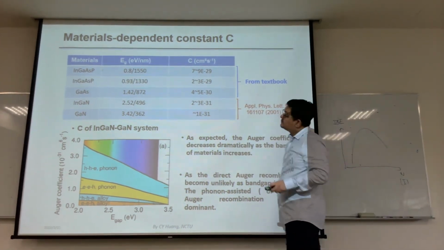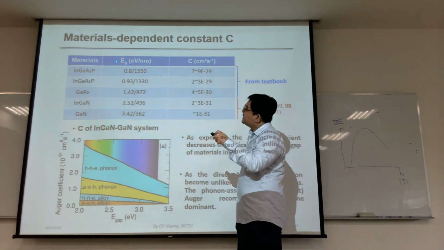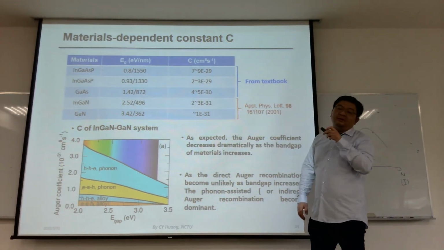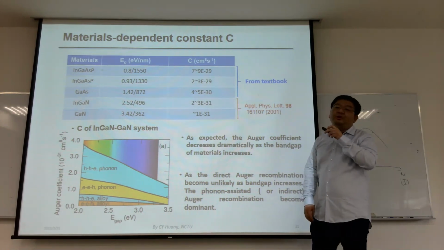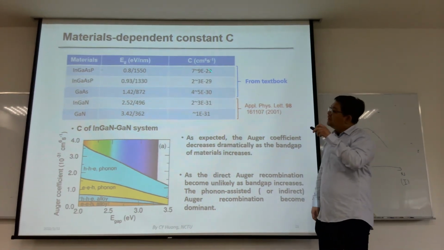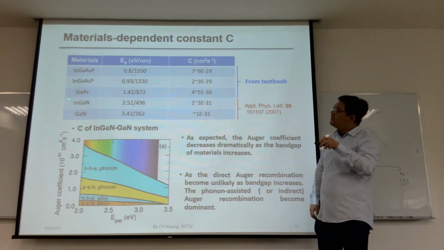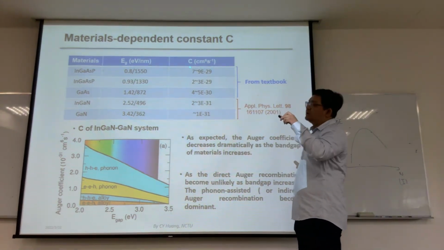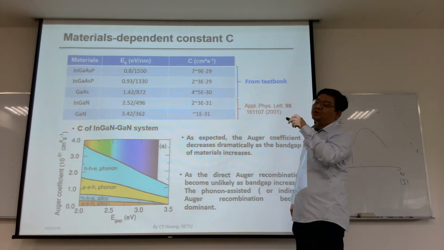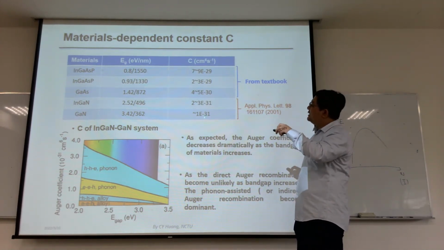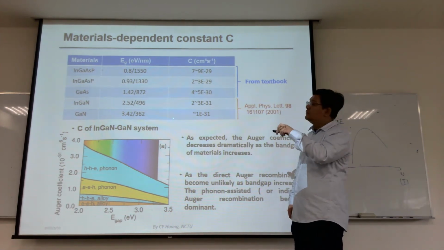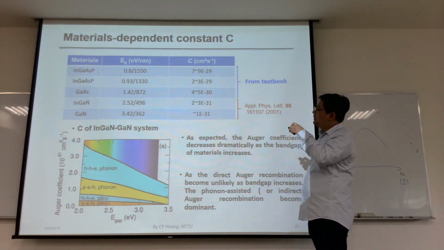Currently, materials with a small band gap usually have severe Auger recombination. For a material with a wider band gap, the Auger coefficient is much smaller. For this one, it's only 2 orders smaller. This is also from the reference.